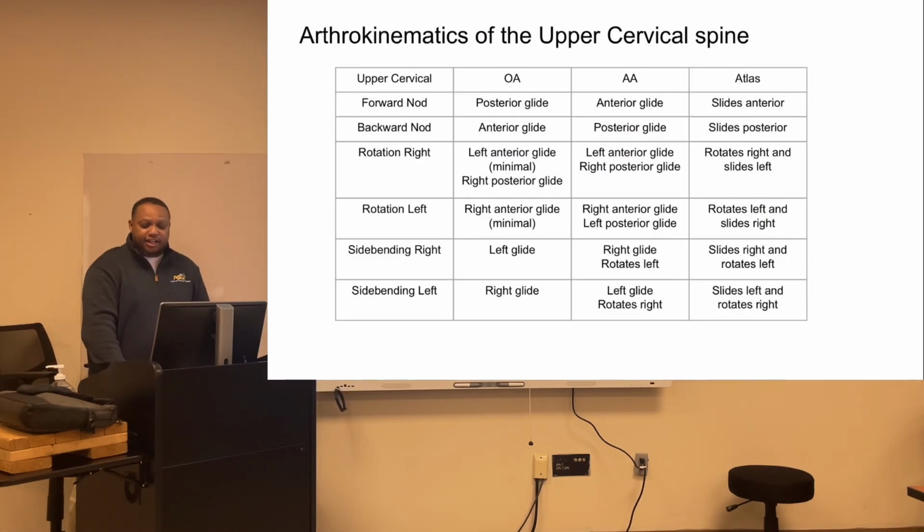At the AA joint, the AA is the atlas on the axis. So the AA with the forward nod, remember, the atlas follows the head with movement. The atlas follows the head. So with the forward nod, my head is moving where? Anteriorly, right? So the atlas is gliding anteriorly.